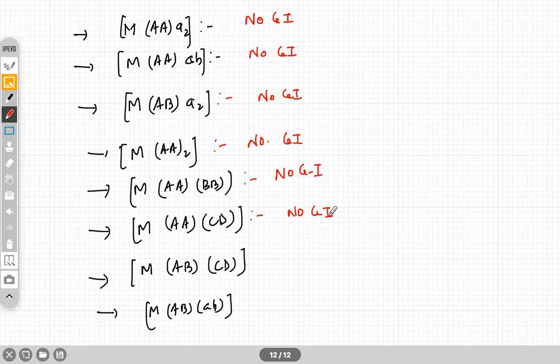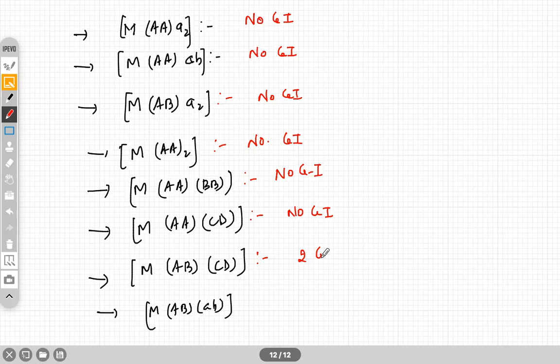One thing you can keep in mind: if coordination number is 4 and the ligand is symmetrical bidentate, then GI is not possible. Coordination number 4, symmetrical bidentate, no GI possible.